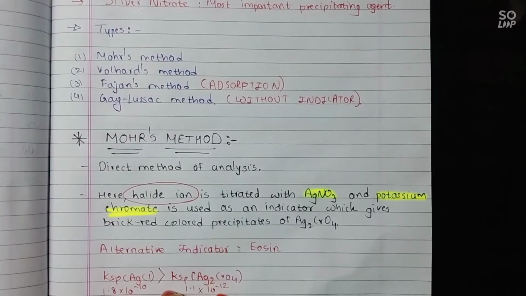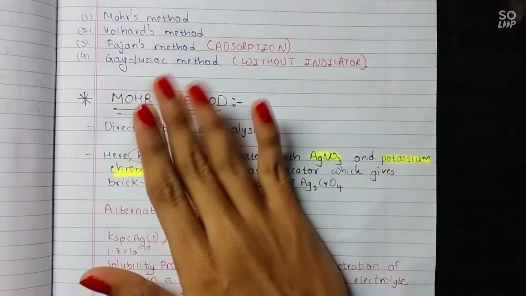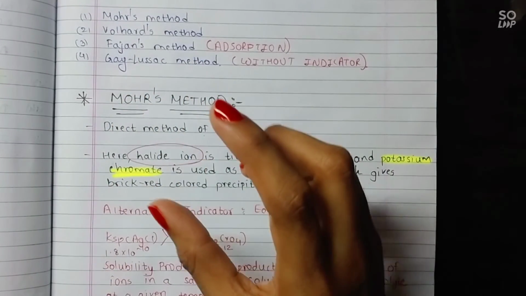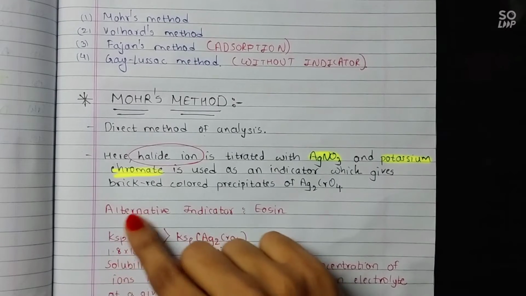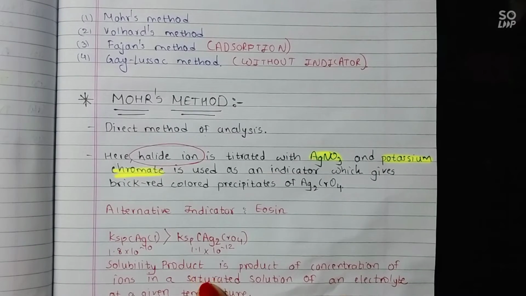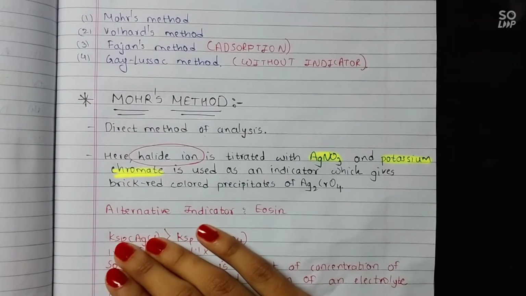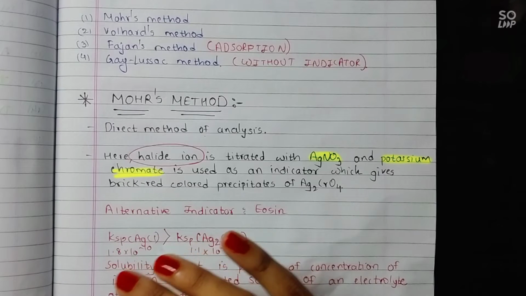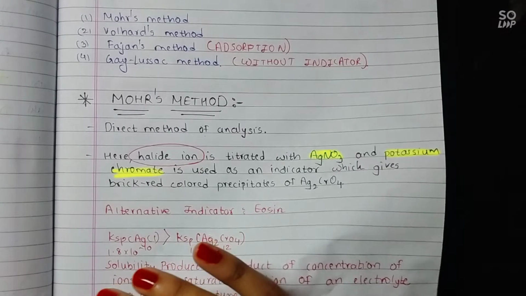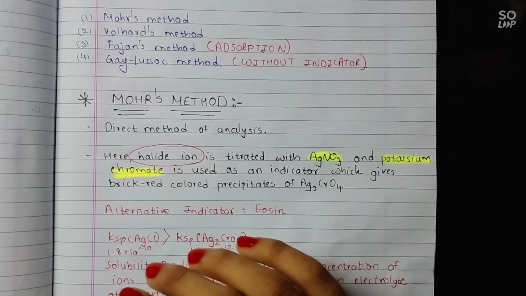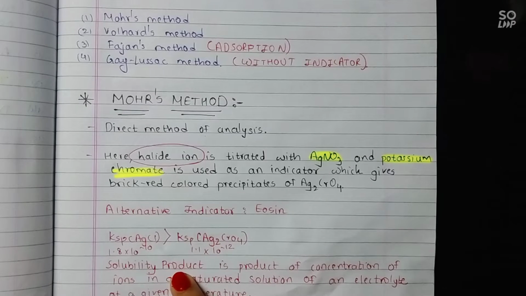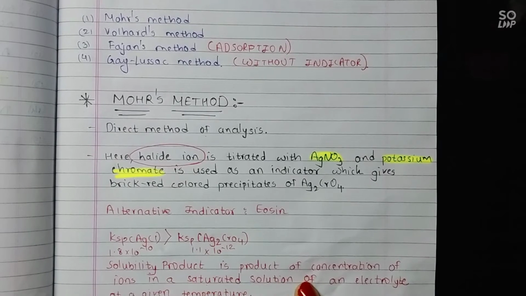Fine. Now precipitation titration is based on the principle of solubility product. Now what is the solubility product? Solubility product is nothing but the product of the concentration of the ions in the saturated solution.